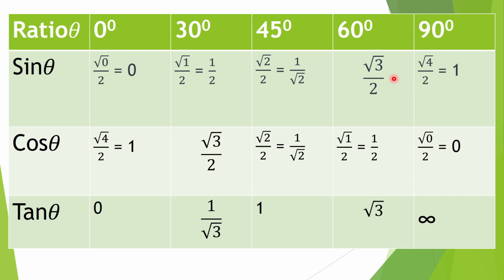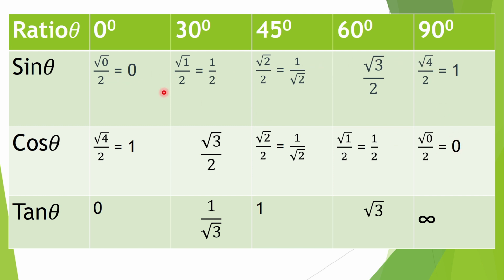Now write again these values in reverse form. For example, write under root 4 divided by 2 over here, under root 3 divided by 2 over here, and under root 2 upon under root 2 over here, and this will come here and this will come here. So it means that this line is completely reciprocal.